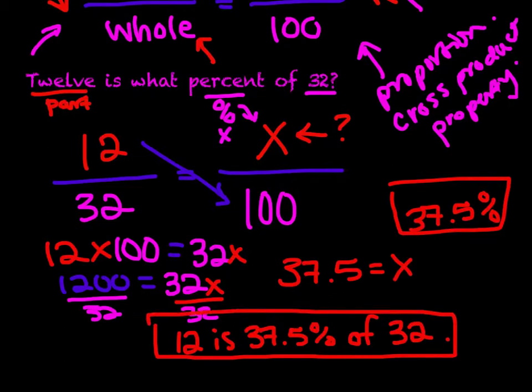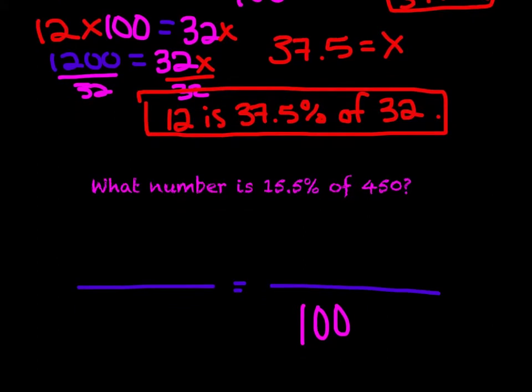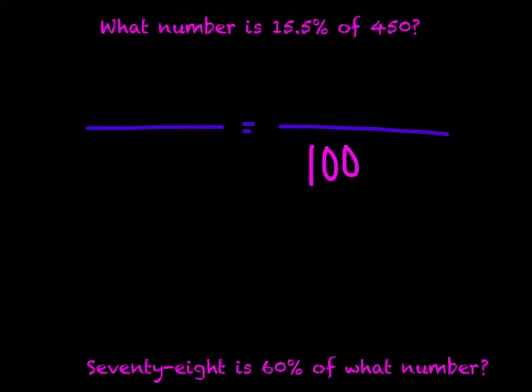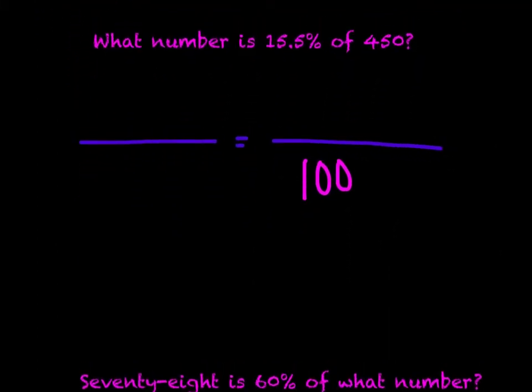All right, so let's practice a couple of problems. Our first one is this. What number is 15.5% of 450? So we're using that same proportion, but we need to actually figure out what is what. So we need to find what number is 15.5%, so that is our percent.